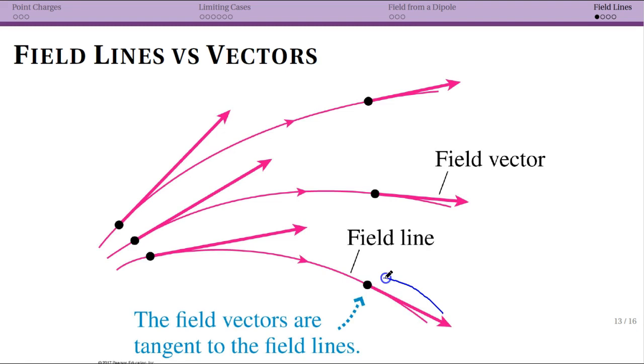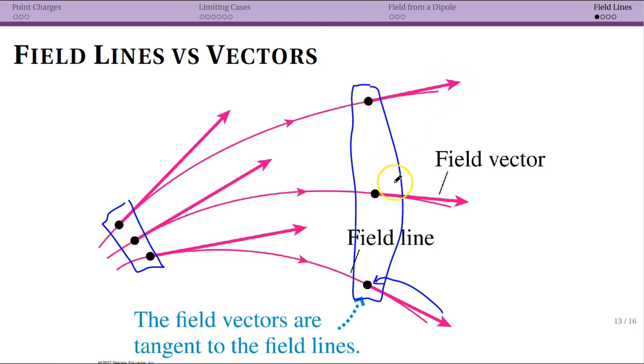This vector represents that point only, and it's tangent to that spot on the field line. The other thing to note is that the field lines are more closely spaced here. That means the field is stronger. These vectors are bigger. When you get out here, those field lines are more loosely spaced, and you see that those field vectors are smaller. So weaker field, stronger field.